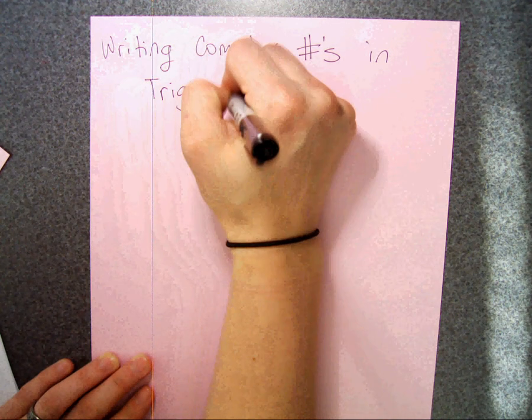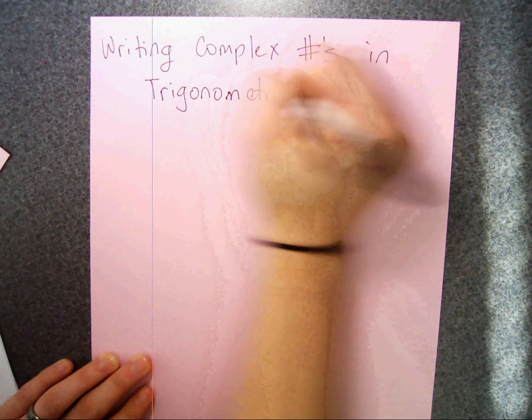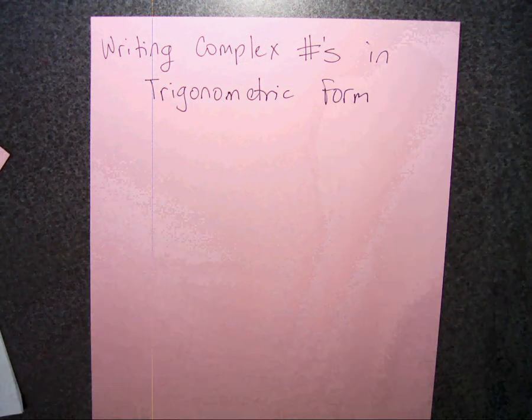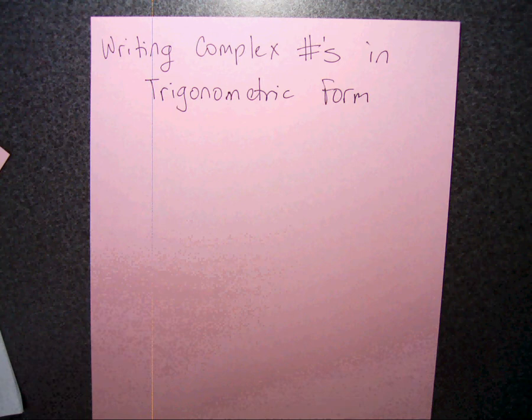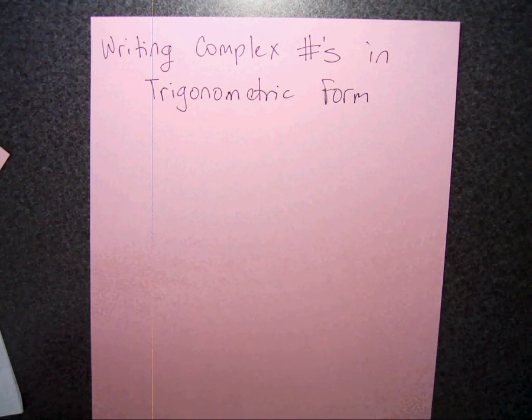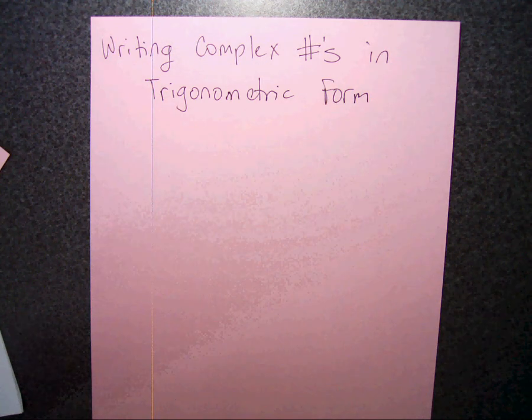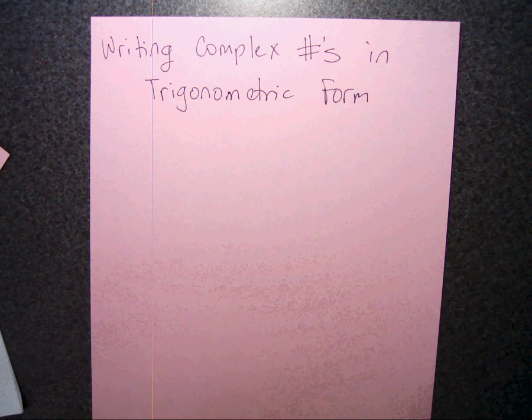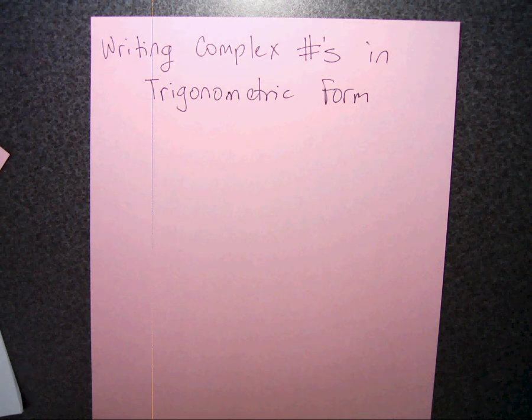Alright, so writing complex numbers in trigonometric form. Alright, so first thing to really think about, generally when we graph things, we're looking at the x and y plane, right? I have an x value and I have a y value. Well, we can graph a complex number.